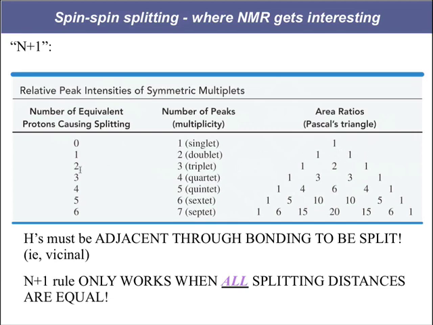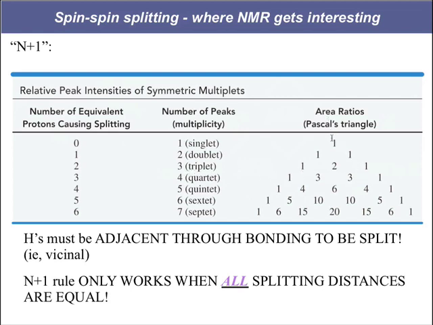When we had 2 neighbors, we got the triplet, which was up, up, down, down, and then up, down, and down, up, which were the same. So there's 3 possibilities, and they were in a 1-to-2-to-1 ratio. When we got 3 neighbors, it split into a quartet, and those were at 1-to-3 to 3-to-1 ratio.